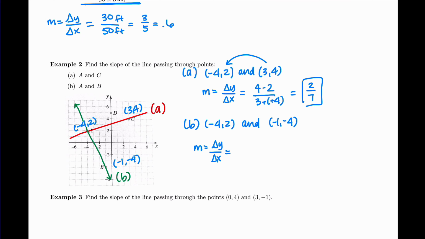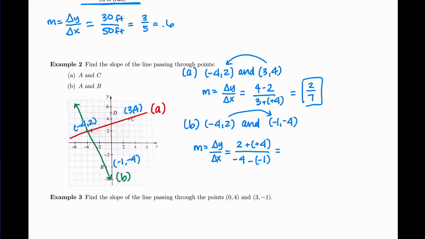We'll go the opposite direction this time. Remember, it doesn't matter which way you subtract as long as you subtract the same way for your change in y and your change in x. So my change in y is 2 minus -4, and my change in x is -4 minus -1.